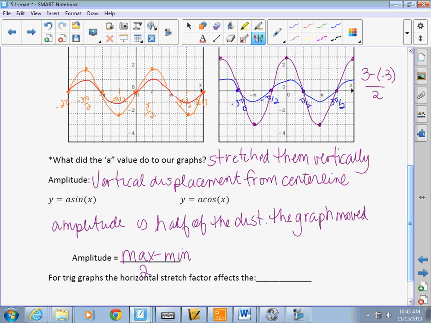All it is so that you have the formula. Amplitude is just your maximum point minus your minimum point, divide by 2. Max minus minimum. So 3 minus negative 3 is 3 plus 3, and divide by 2.